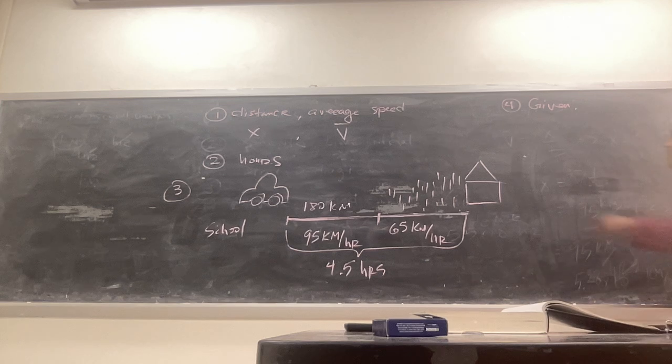Yeah, first. So let's call that x1. That's what? 180 kilometers. All right. Then speed 1, 95 kilometers per hour. Then speed 2, 65 kilometers per hour.